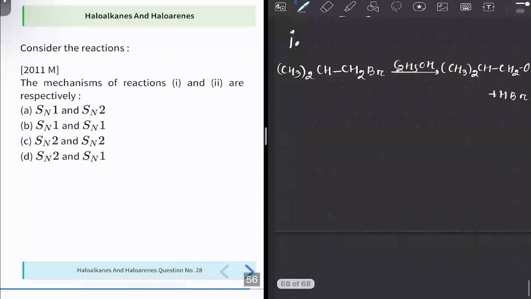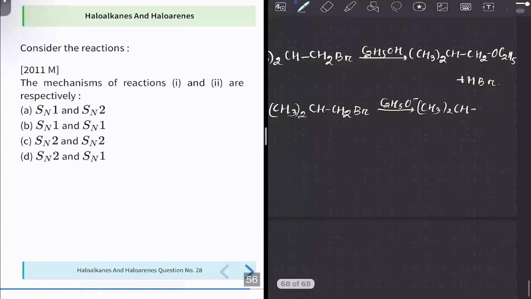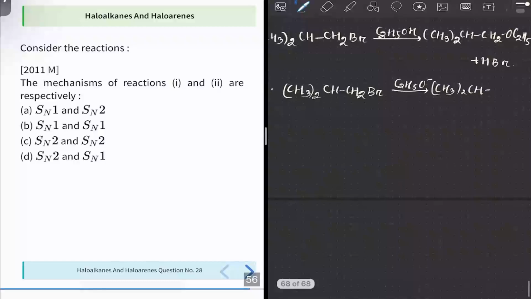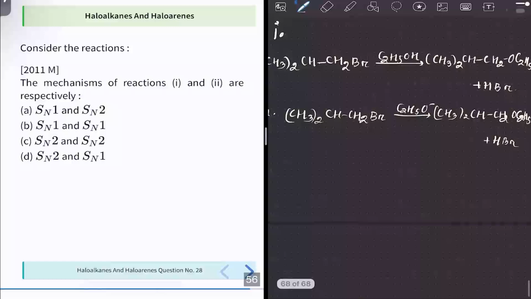Reaction 2 given is (CH3)2CHCH2Br with C2H5O minus, and the same product (CH3)2CHCH2OC2H5 plus HBr is formed. So there are two substitution reactions given, and the product is the same in both cases, but the reagent used is different.